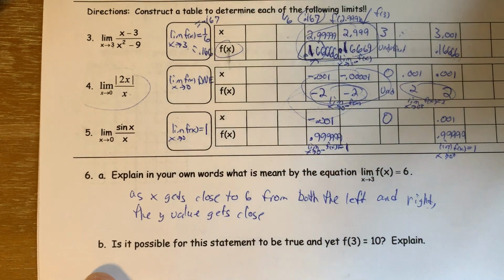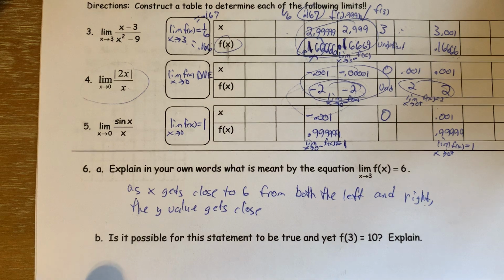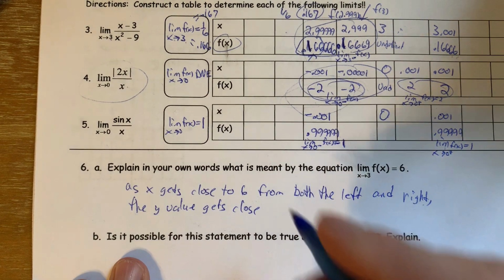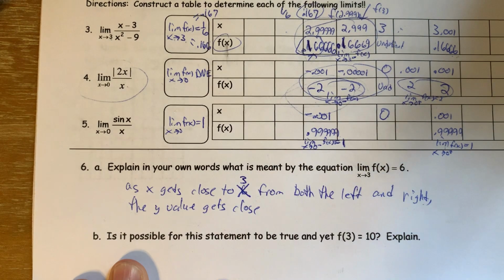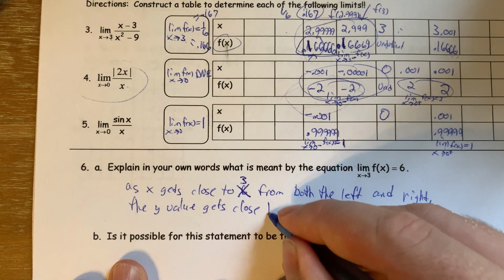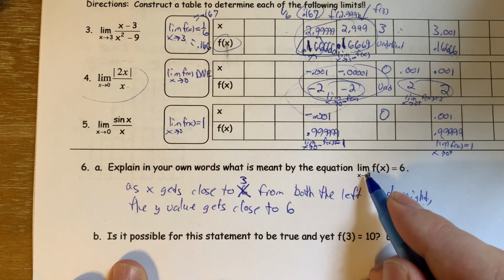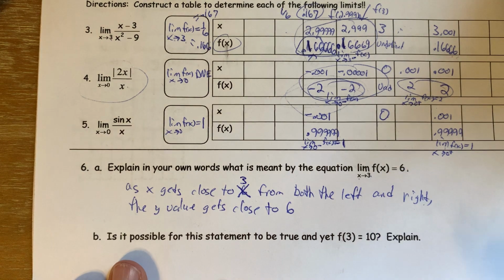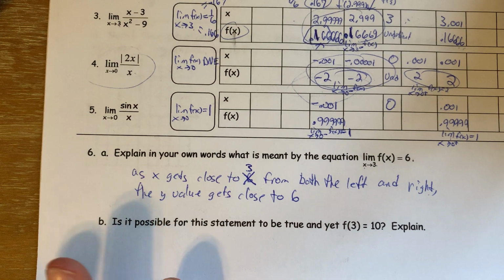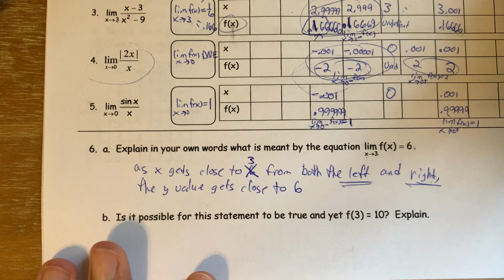Oh no, what did I write down wrong here? As x gets close to 3 from both the left and the right, the y value gets close to 6. So as the x value gets close to 3, the y value gets close to 6. It is the limiting value. And we do need from both the left and the right.